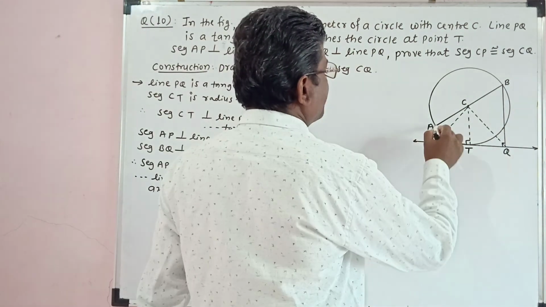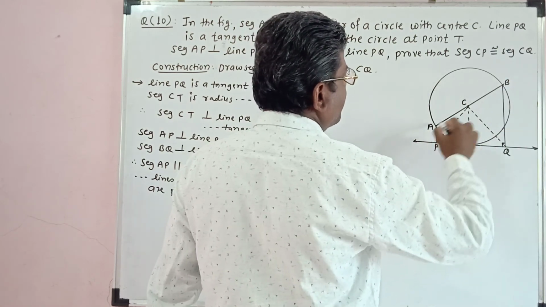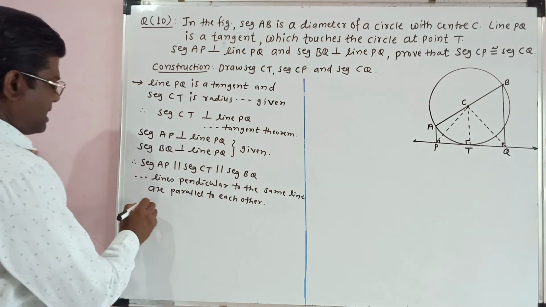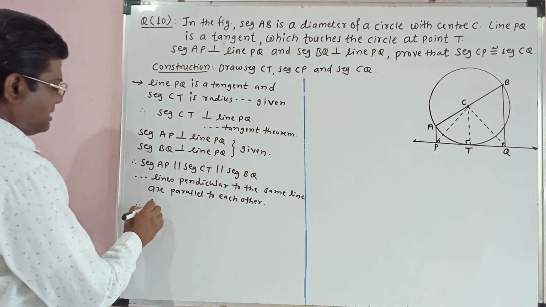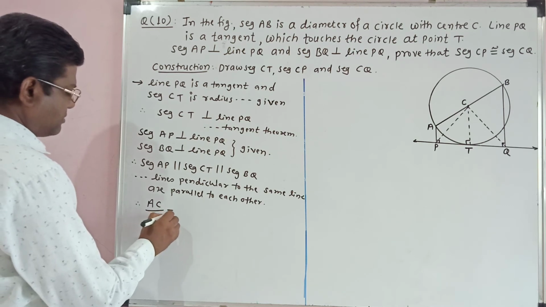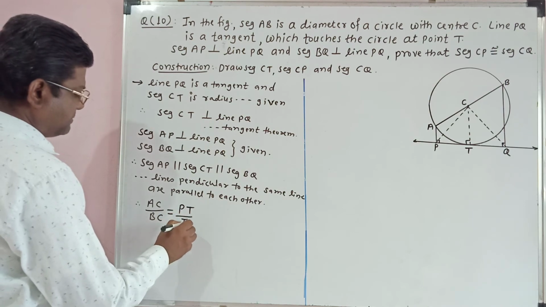Therefore these three segments AP, CT and BQ are parallel and AB is a transversal. Therefore we write AC upon BC is equal to PT upon TQ.